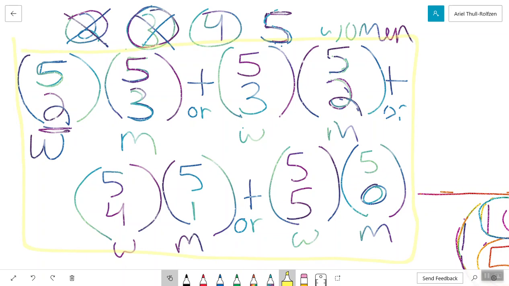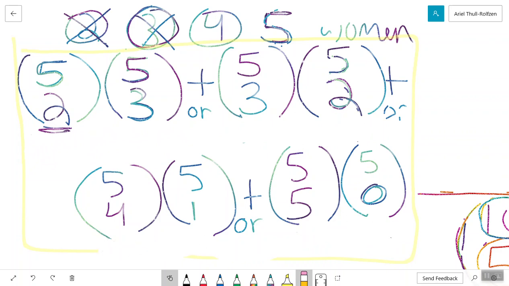So now if you turn to your calculators and you do 5 combination 2, and I'm going to erase the women and men so I can write what the combinations are.